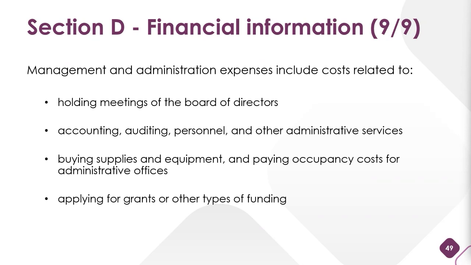Some expenditures can be considered partly charitable and partly management and administration costs, such as salaries and occupancy costs. In these cases, you can divide the amounts accordingly between lines 5000 and 5010. It's important that you allocate expenditures consistently and reasonably.